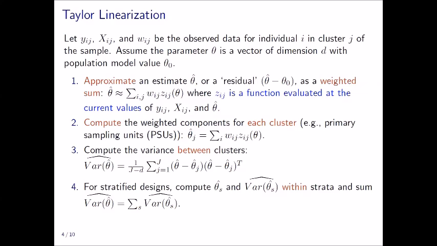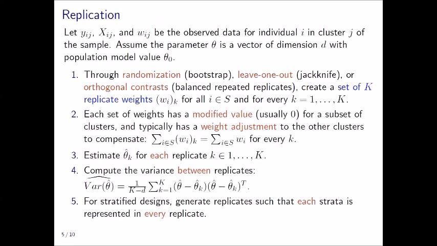What you do is you take this larger sum and you decompose it into smaller sums that are aggregates at the cluster level. And you take those sums and you look at the variance between them. So you look at between cluster variance. And for stratified designs, you incorporate the strata. So instead of having the variance across all the clusters, you have it within each stratum. That's a high level of Taylor linearization baked into a lot of the software that we use.